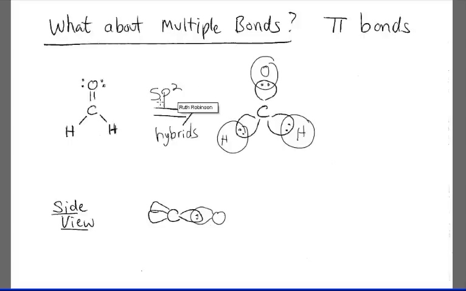Okay, since we hybridized sp2, there's another p orbital available that's outside of the plane of the bond, and there's one on the oxygen and there's one on the carbon, and they can interact with their electrons, and that is known as a pi bond.